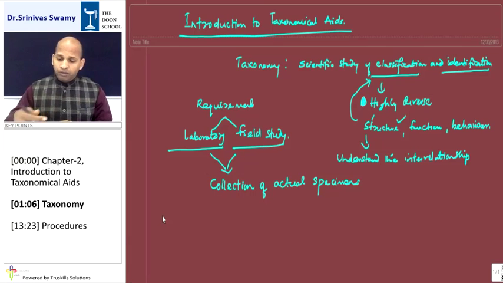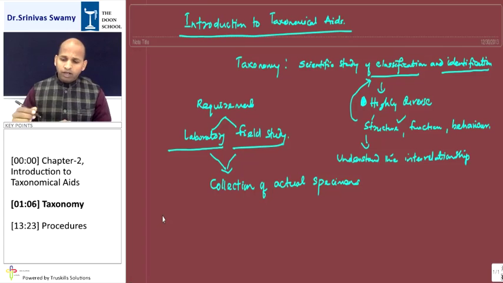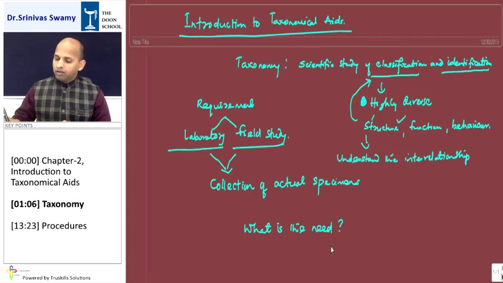So before going into looking at how it can be collected and what are the different methods that can be used, and a few of the methods that we can discuss, let's look at what is the need of taxonomical studies. That's where I'm more concerned. What is the need, or so to say the importance?